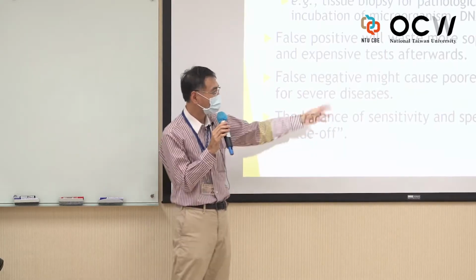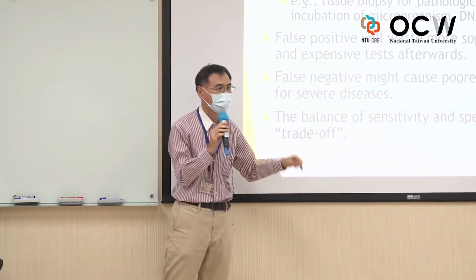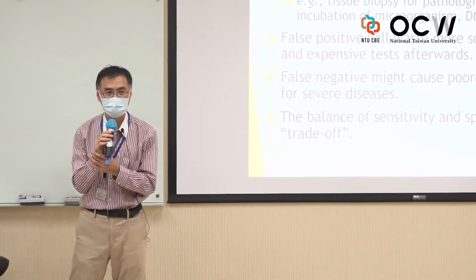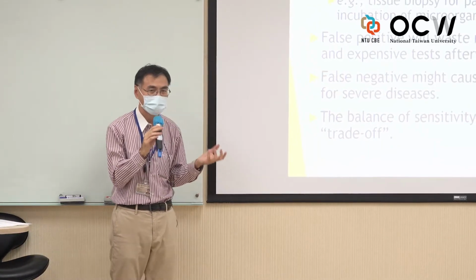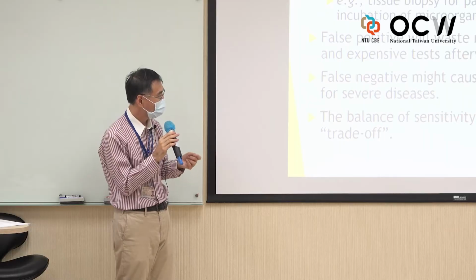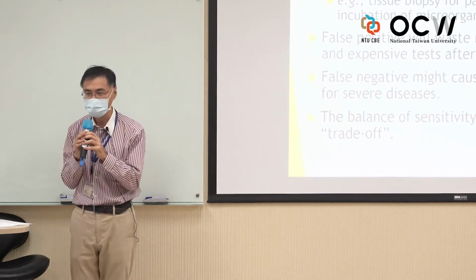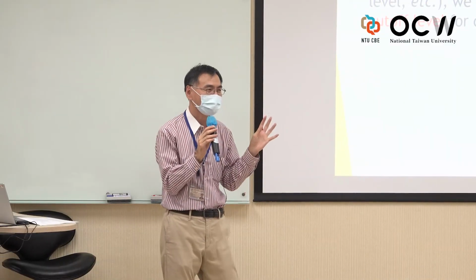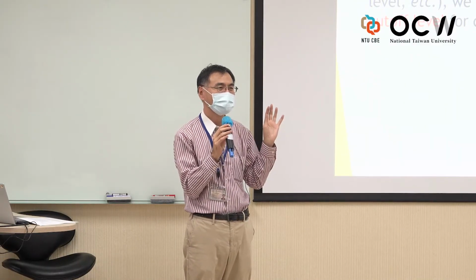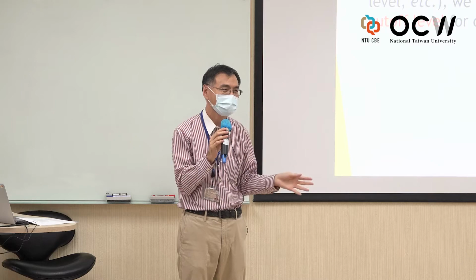If you want to increase specificity, sensitivity will generally go down. So it's a so-called trade-off. It's hard to find the best point to keep the balance between sensitivity and specificity. So that's the situation when the outcome is a dichotomous one, disease or non-disease.